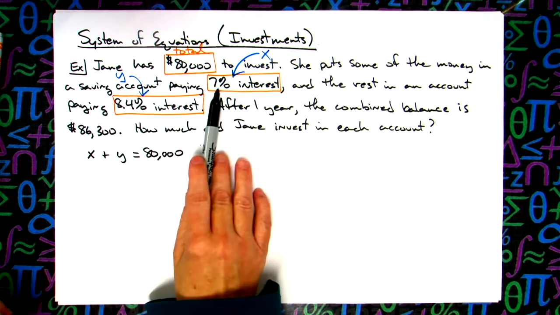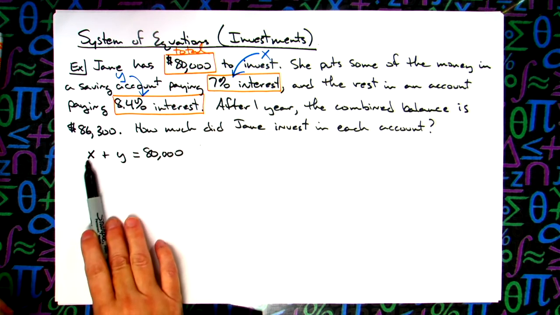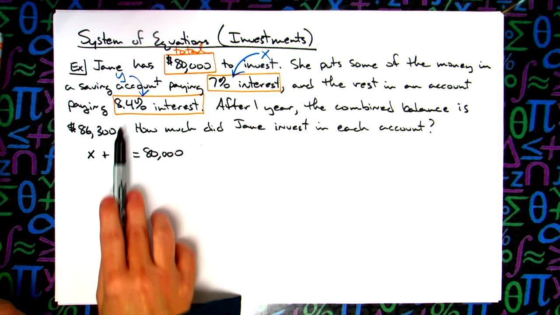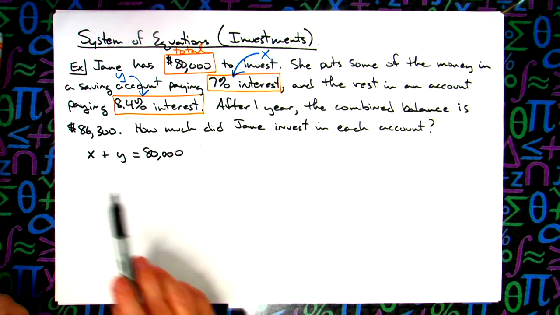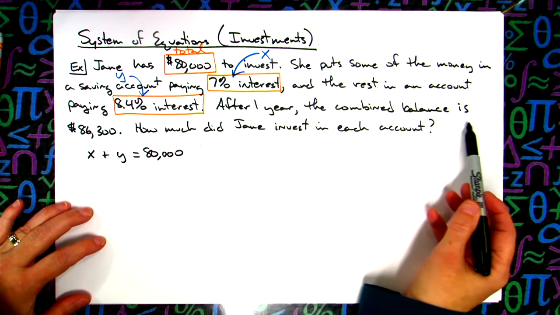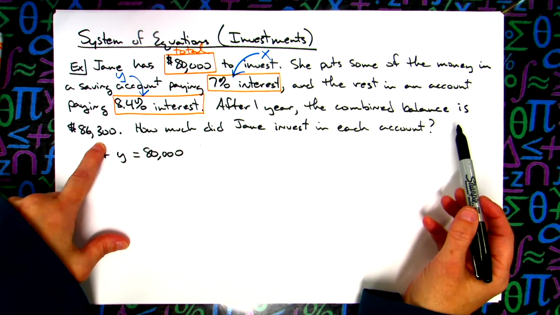Now this is an interest problem. If I want to know how much interest this amount of money earns, I multiply it by 0.07. If I want to know how much interest this earns, I multiply it by 0.084. Then it says after 1 year the combined balance is $86,300.